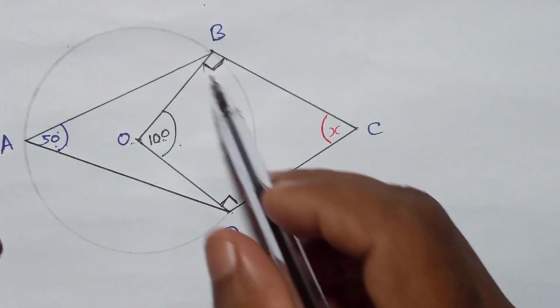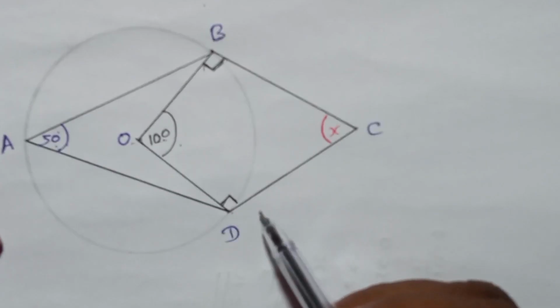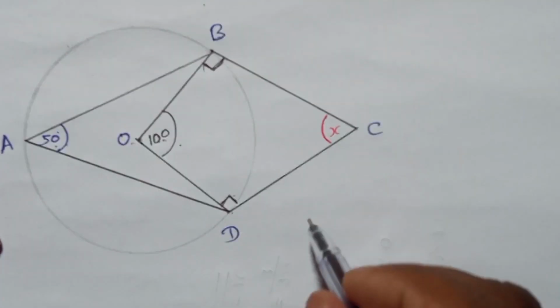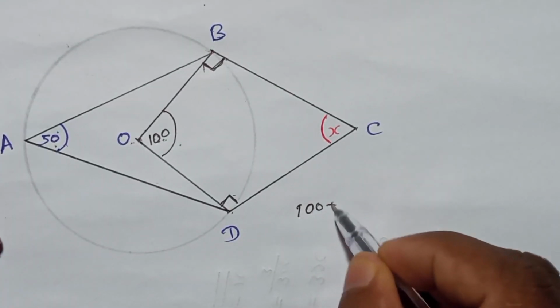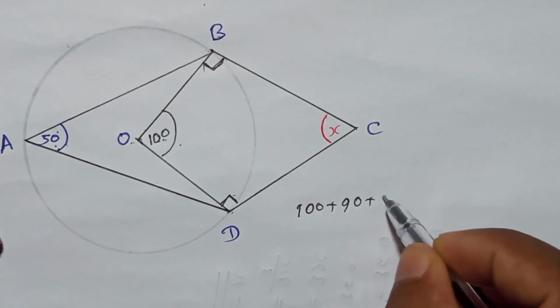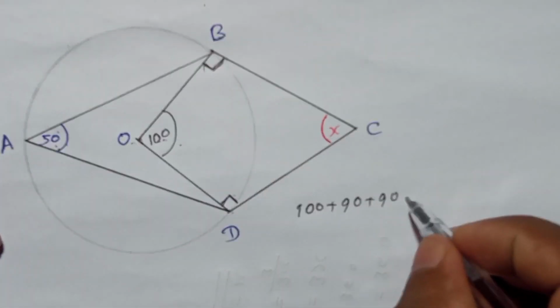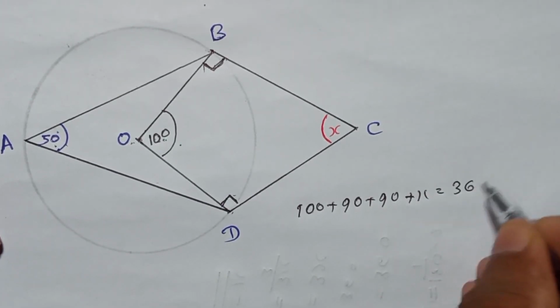That means this is a quadrilateral. In any quadrilateral, the interior angles add up to 360. So you can write 100 plus 90 plus 90, that means this plus this plus this plus X will be equal to 360, right?